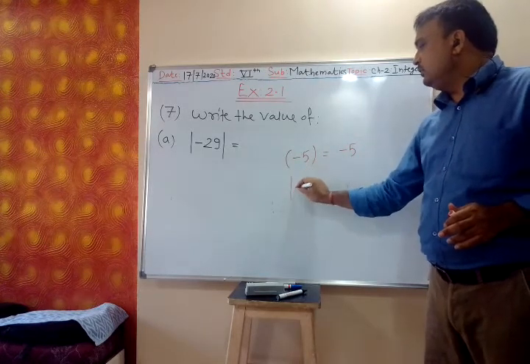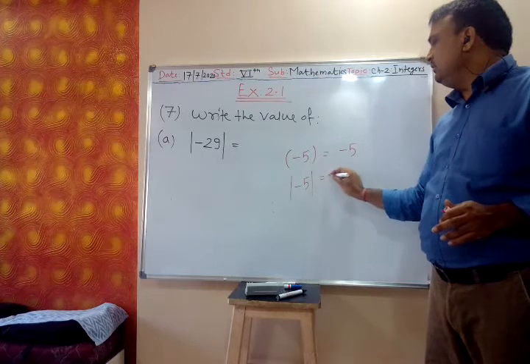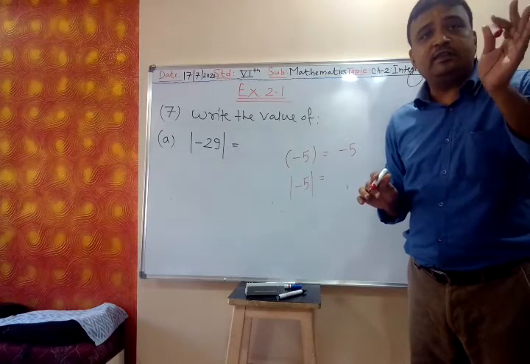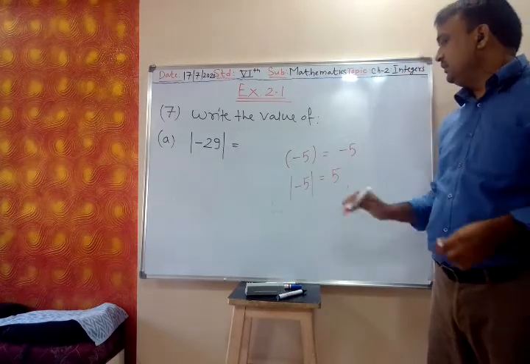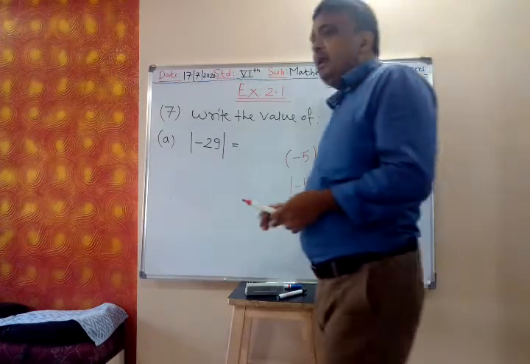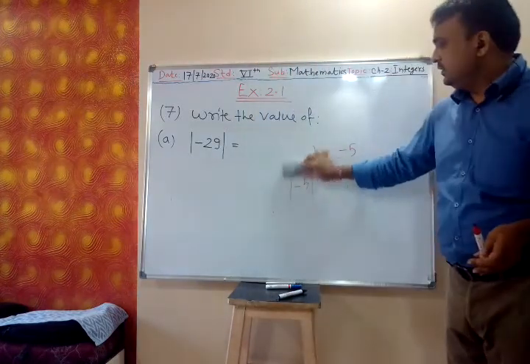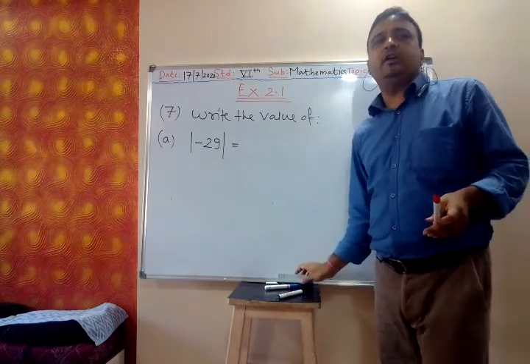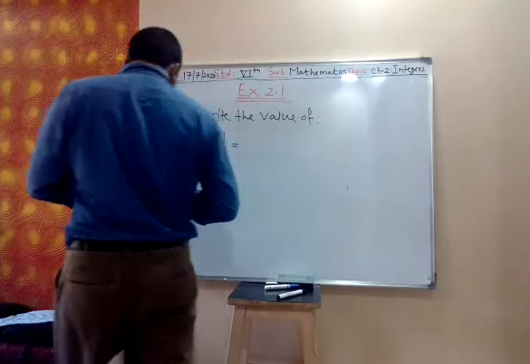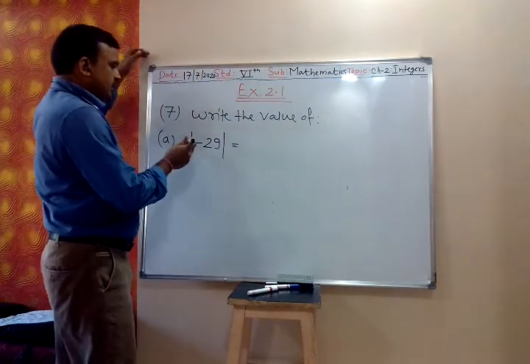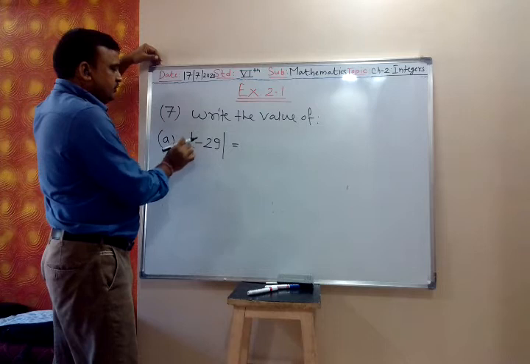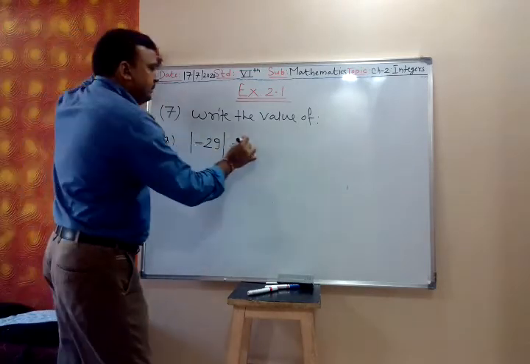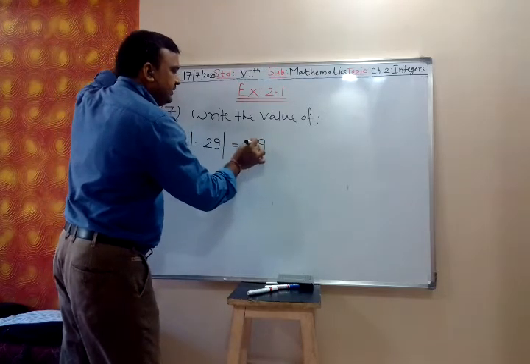But whenever we have absolute value of minus 5, it will always be plus, so 5 only. The absolute value of any integer will always be positive. So absolute value of minus 29 will be plus 29, or 29.